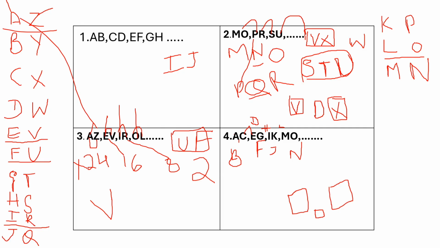After O comes P. We have to leave that and go with Q. Now I got the first letter and I have to skip the next letter, that is R, and write the next letter of that, that is S. The next term will be Q.